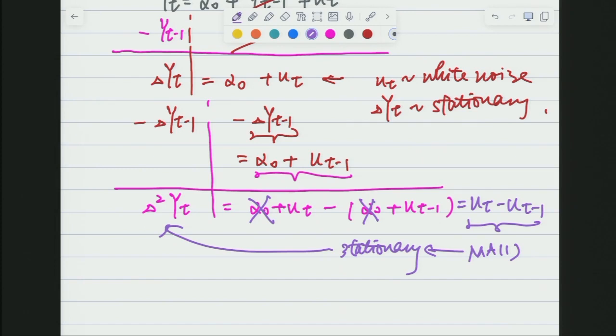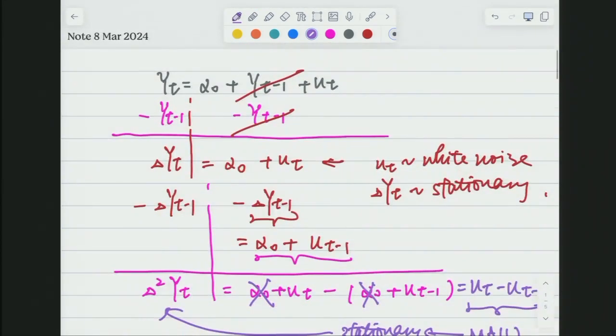Okay, we have quite a balanced vote. The answer is no. We cannot make a difference stationary time series stationary by simply removing the deterministic trend.